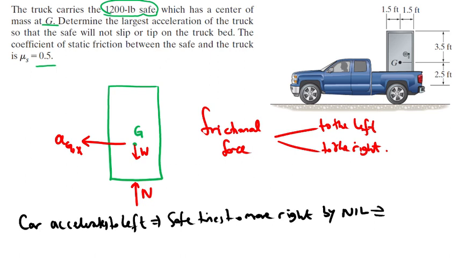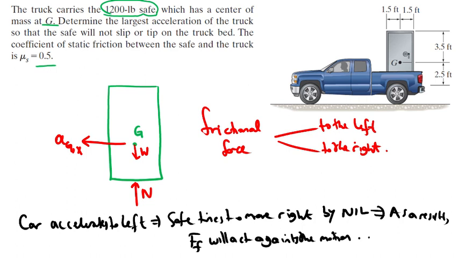And as a result, the friction force will act against the motion. Therefore, to the left. The safe tries to move that way; the friction force acts this way to oppose the change in motion. That will be the direction of the friction force.